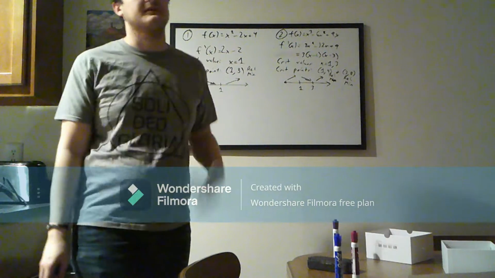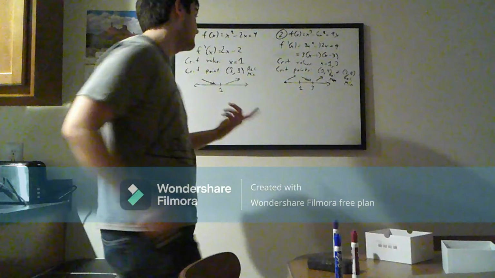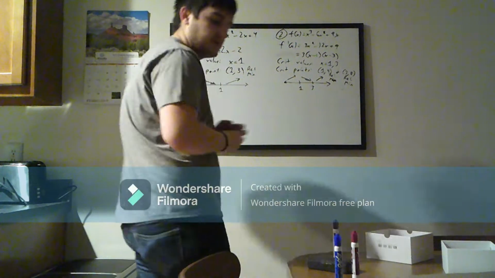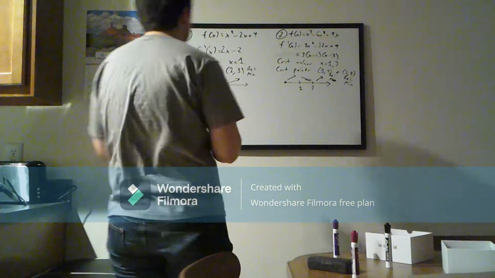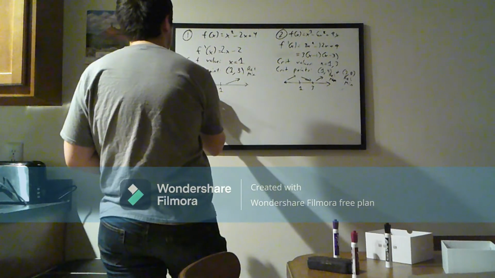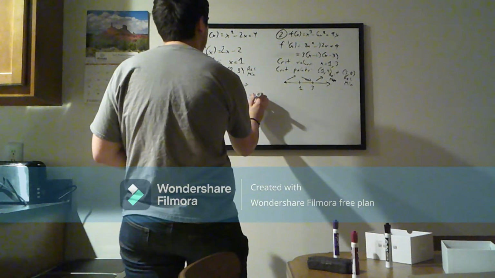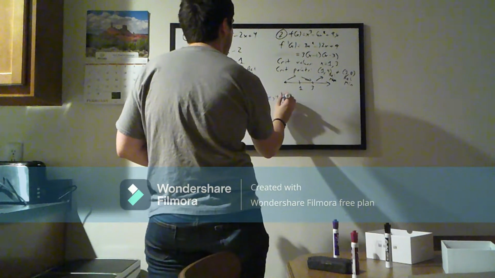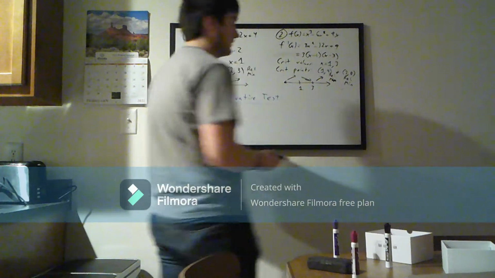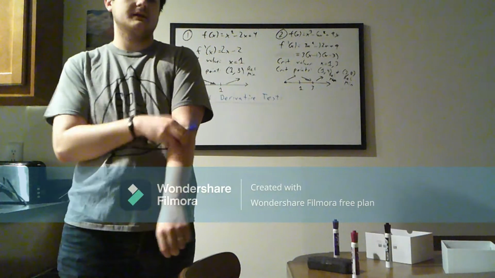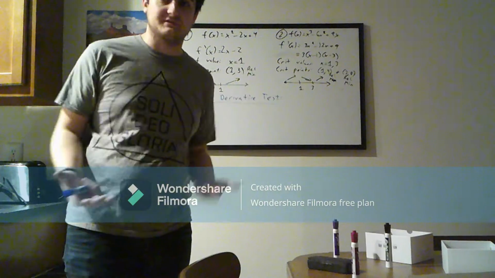But now there's another thing that's going to become useful to us, which is the second derivative test, which I will do in a color. Let's try blue. Second derivative test. So how the second derivative test works is I need to find, of course, first the second derivative, right?